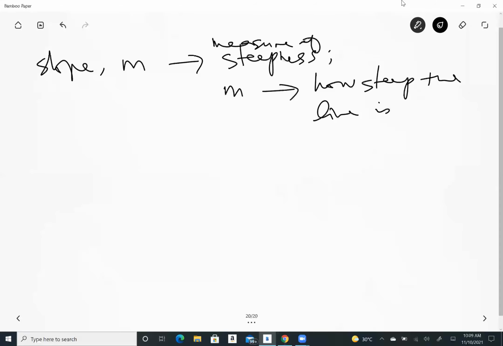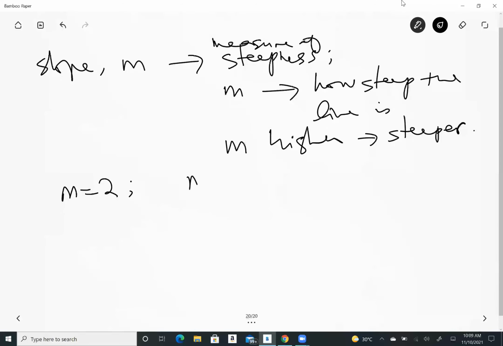So the higher the value of m, that means the line will be steeper. For example, m equal to 2, compared to another line, m equal to 5.